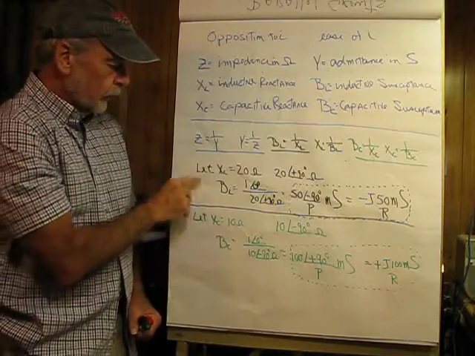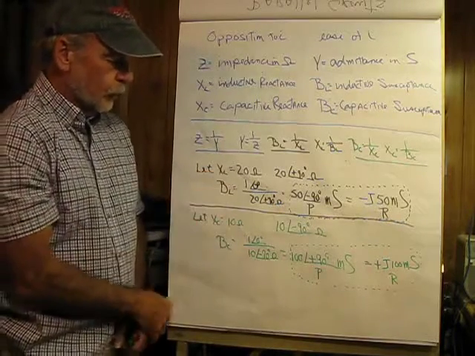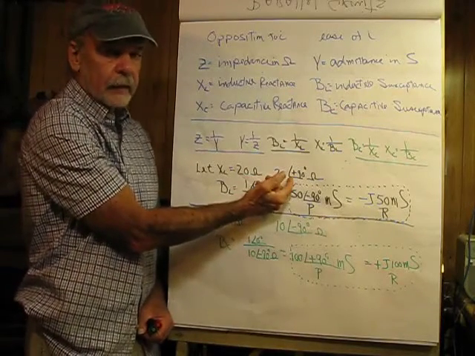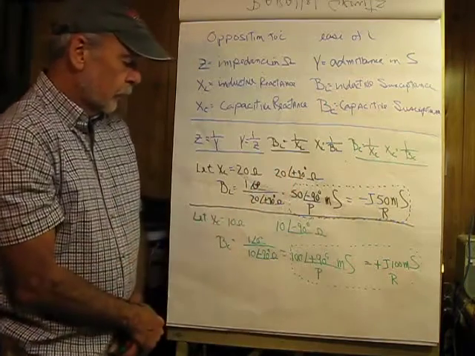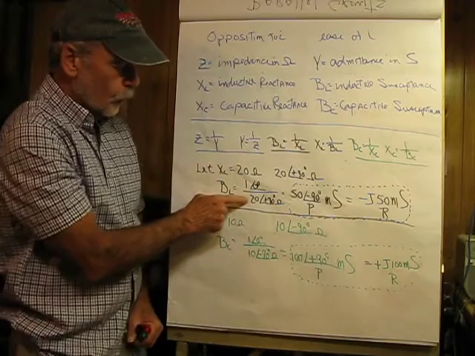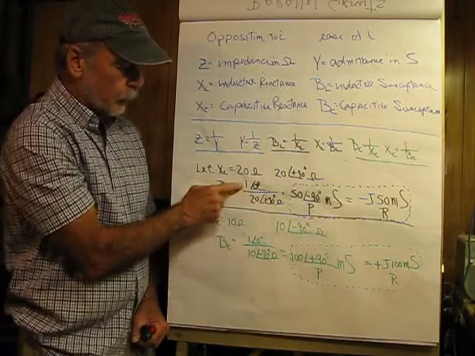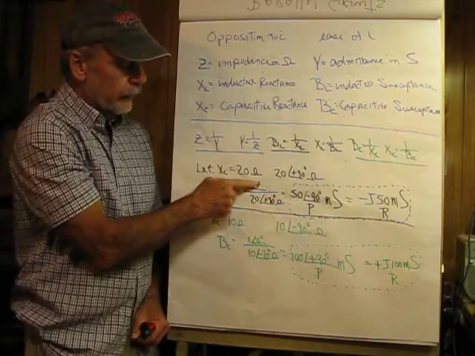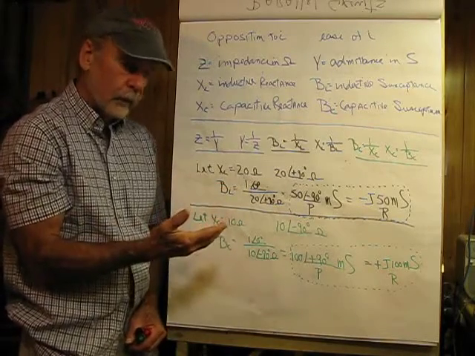So, if we let XL equal 20 ohms, we would express that in polar form as 20 at plus 90 degrees ohms. Now, if we wanted to find out what the inductive susceptance was, we simply take the reciprocal of that. I'm going to be dividing that into 1 at 0 degrees, and I like to write it this way so I don't get confused with the angles.